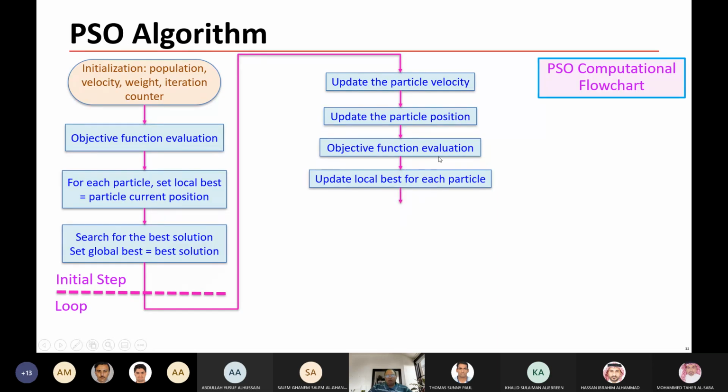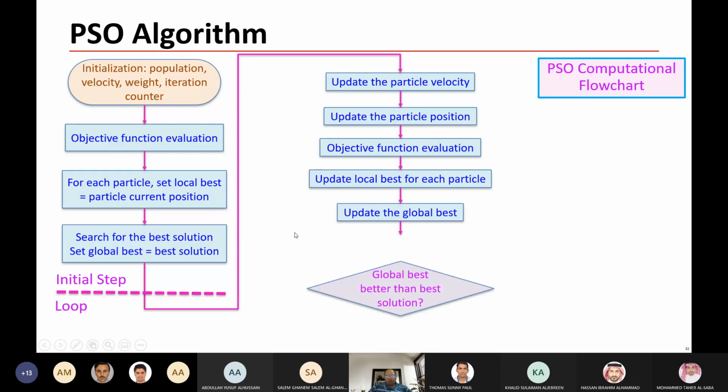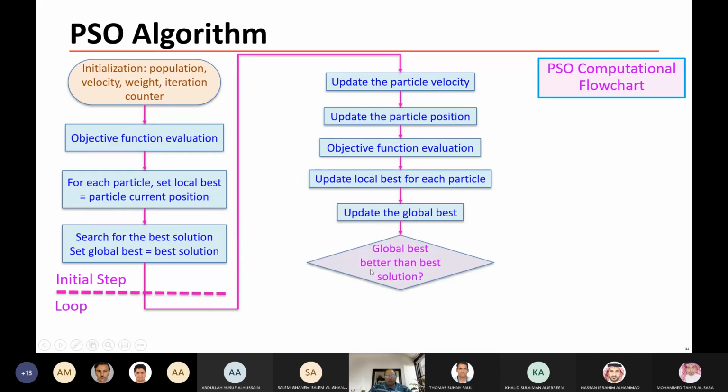Also, after calculating the objective function, you can get the minimum, the best solution, and compare it with the best solution stored here. In this case, you can update the global best accordingly.